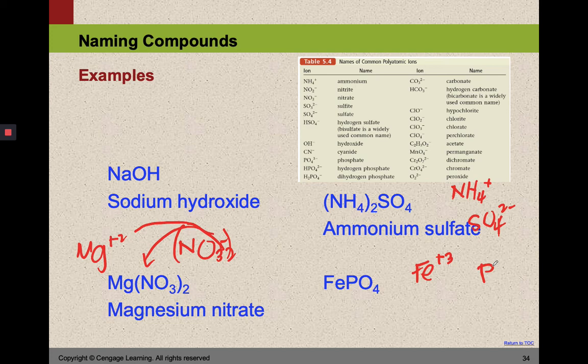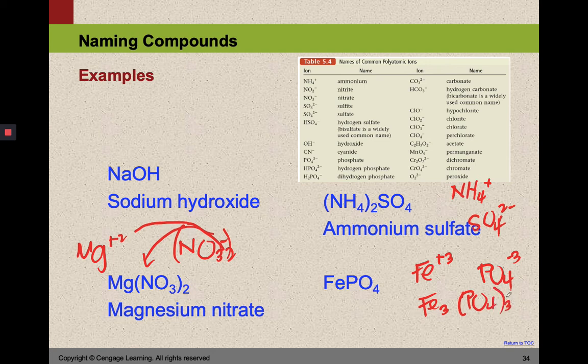Well, if you know the charge of the phosphate ion, the PO4, if you try to look it up in your list, you'll know that it has a charge of 3 minus. So if you crisscross and disregard the sign, you end up with Fe3, supposedly (PO4)3 for the whole group.